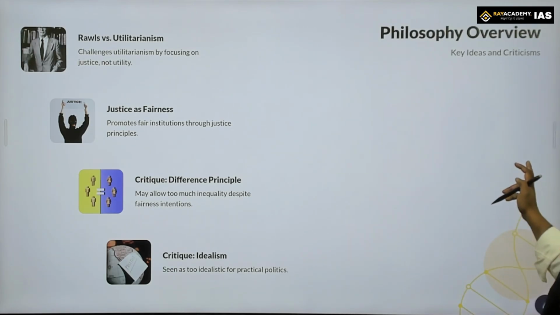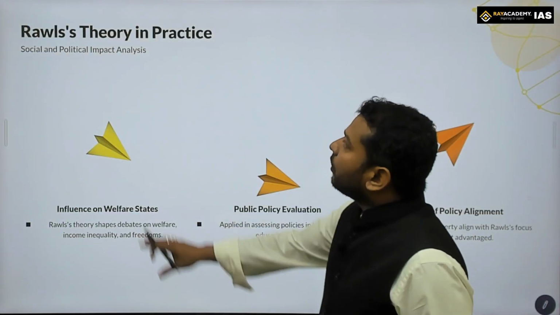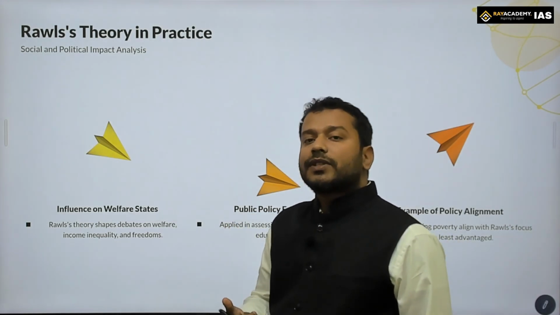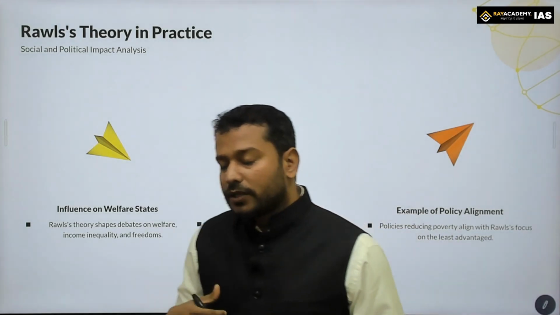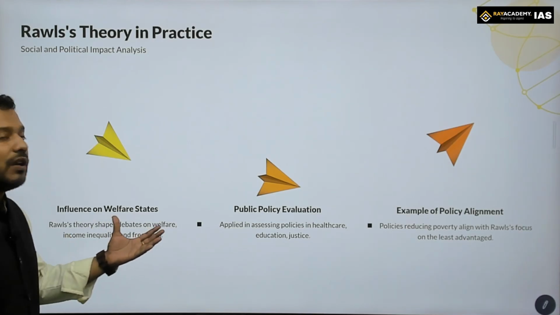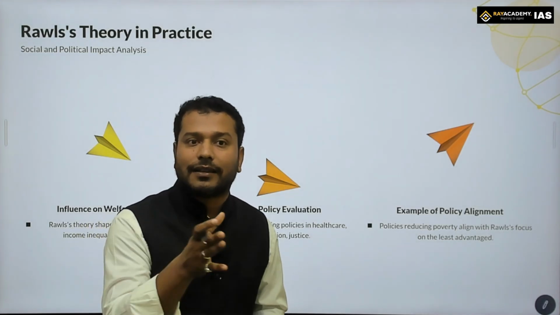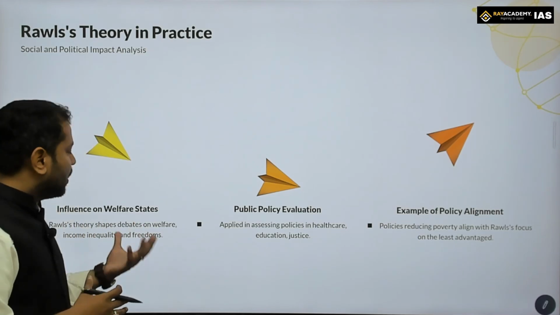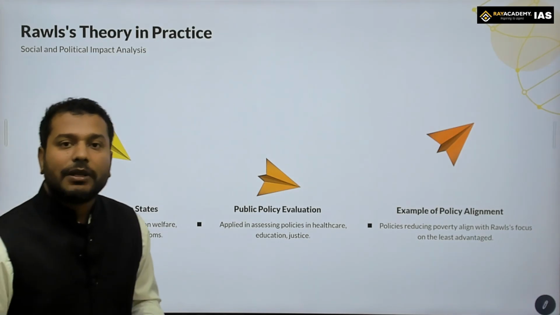Okay. Now, moving forward, Rawls's theory in practice: what is the social and political aspect? Now, there are three things. One is the influence on the welfare state. When John Rawls talks about justice, fairness, and equality, the current scenario can be influenced with regard to the welfare state, and much more debate can be inculcated.